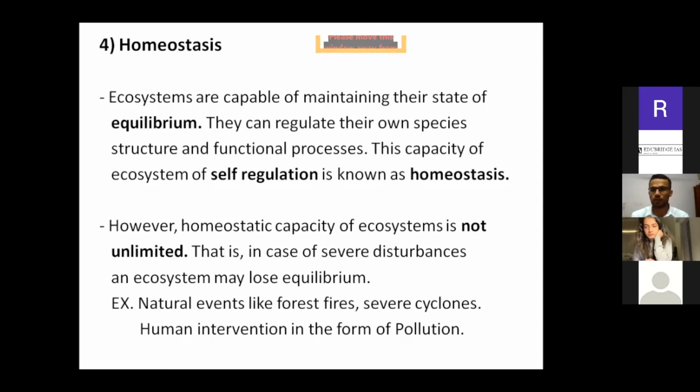Second term in that box. First was ecotone. Second term now: sere. Under that, it is a temporal transition from one stage in succession to another stage in succession.